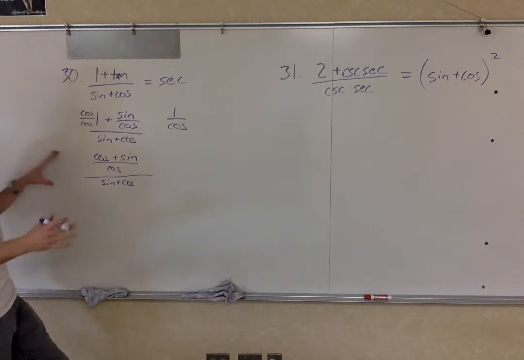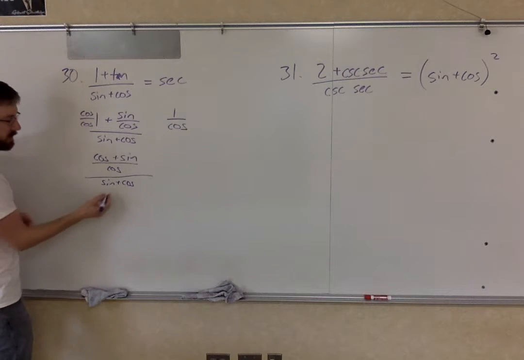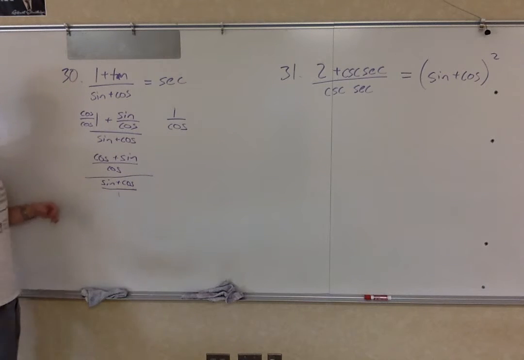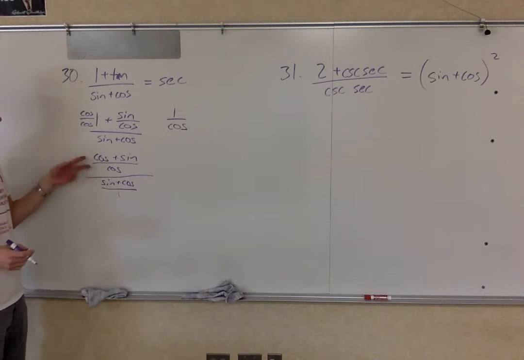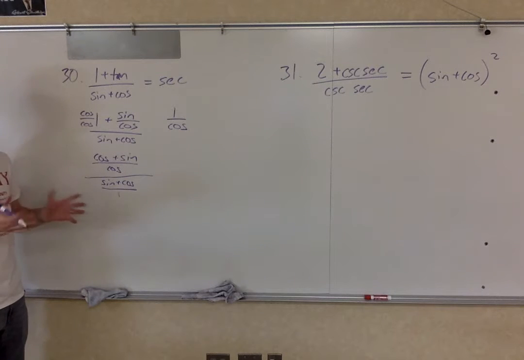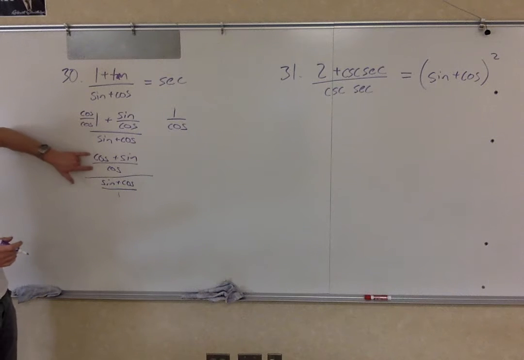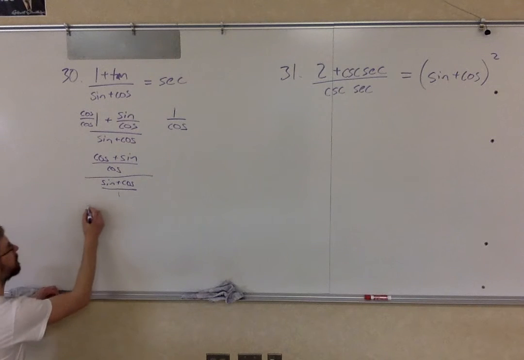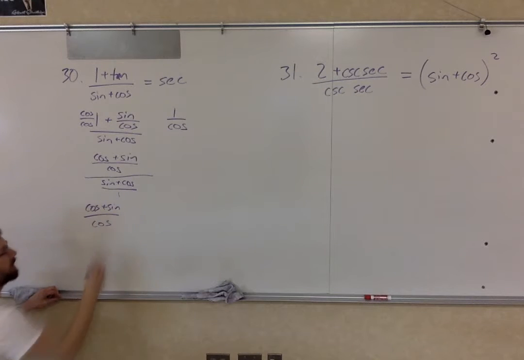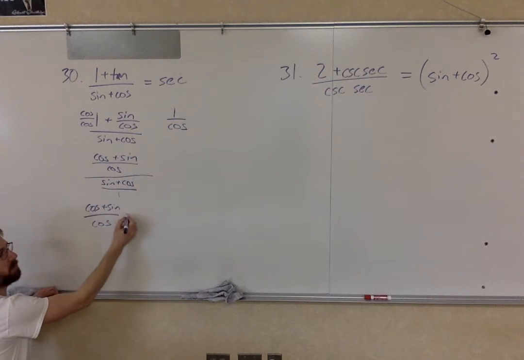And if we want to use keep change flip and really make it nice and neat, we can make it sine plus cosine over 1. So now I've got fraction over fraction. It just makes it nicer looking for the next step, which is keep change flip. So we're going to keep the top. We're going to change it to multiplying, and then we're going to flip the bottom.